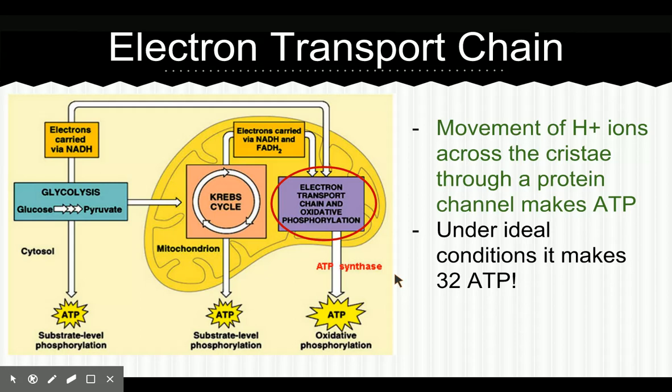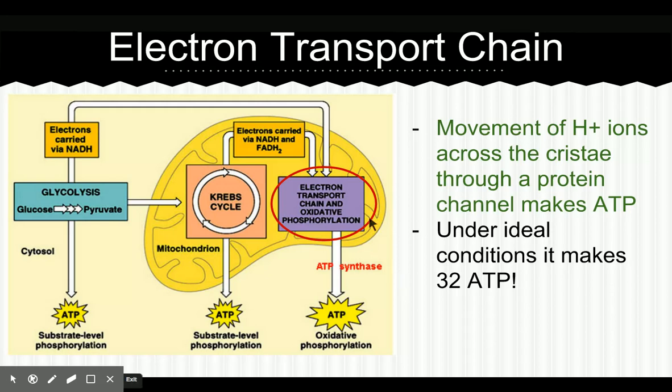Now, remember from chemistry, when you get a lot of molecules that have the same charge on one side, they don't like being near each other. Opposite charges attract. So what's going to happen is these hydrogen ions, the more you pack them across the membrane together, the unhappier they're going to get being near each other. What they have are these channels, so these proteins that are stuck in the membrane.